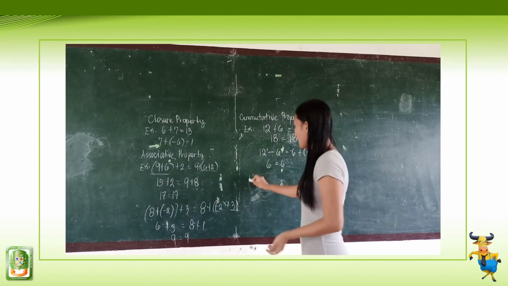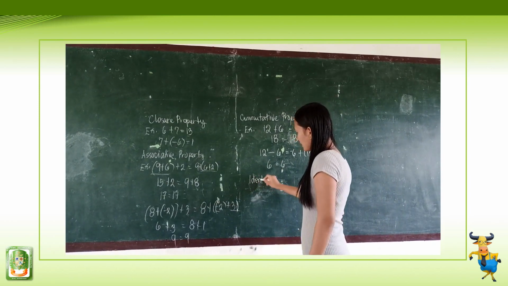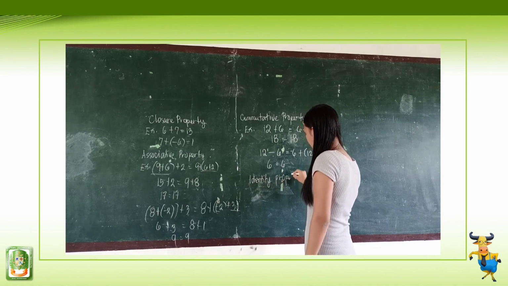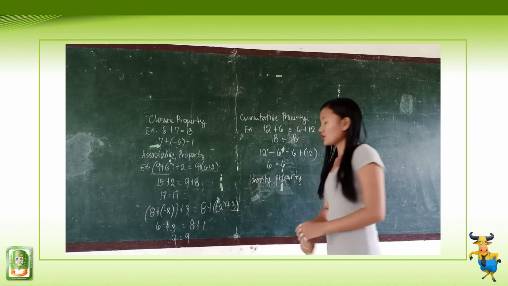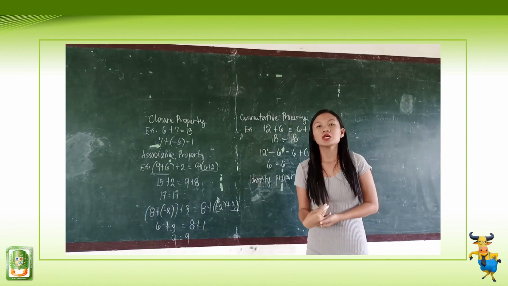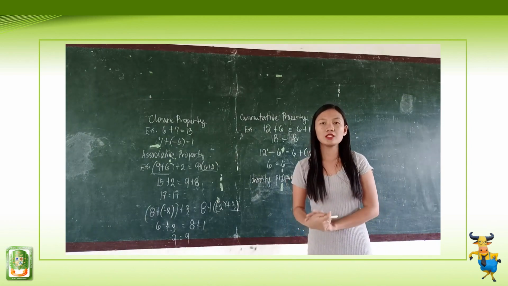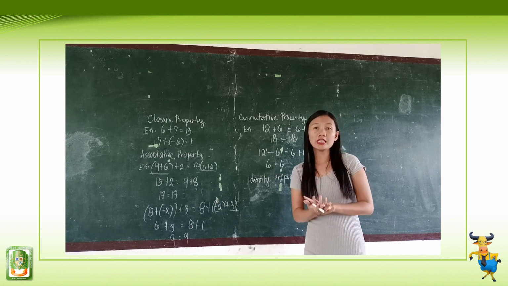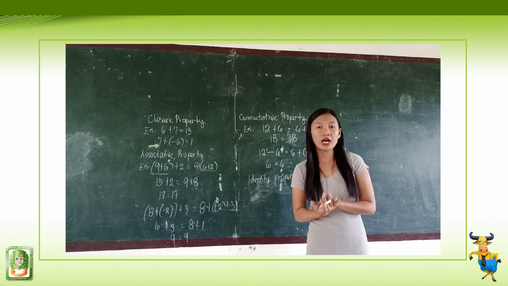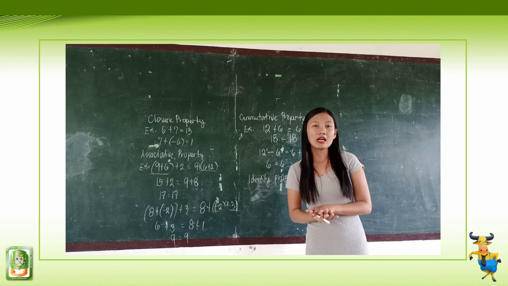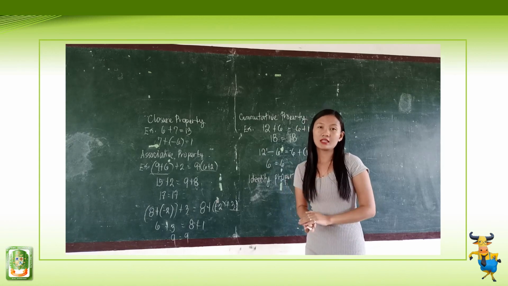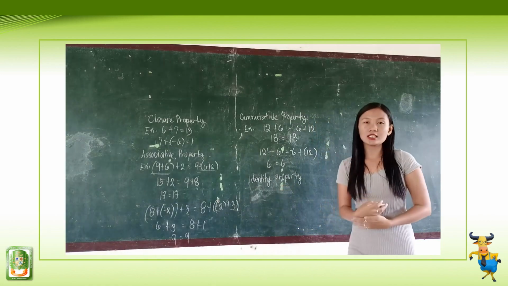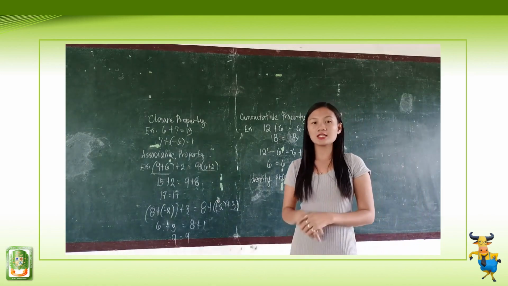Next property is identity property. So in identity property, paano natin malalaman if the number is identity? Dito sa identity, madali lang siyang tandaan kasi i-add lang natin siya sa 0.